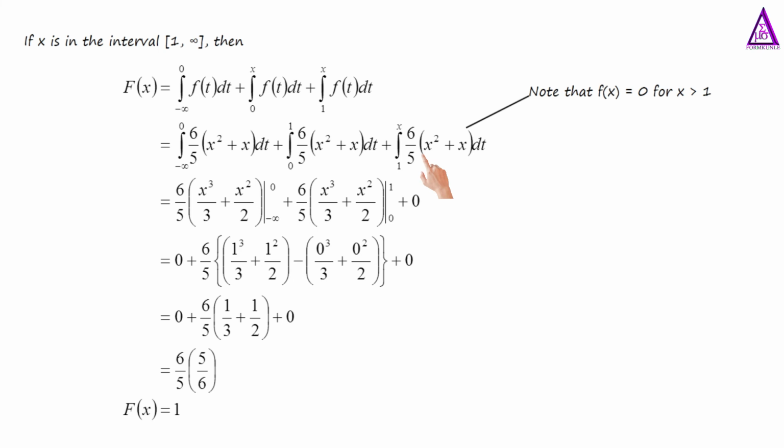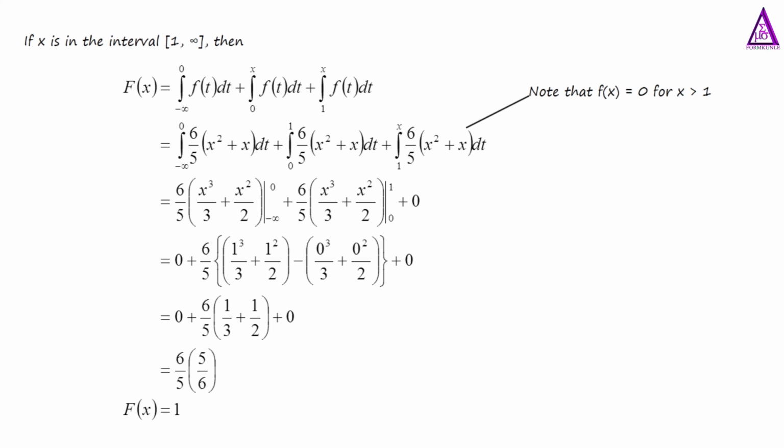And we have already known that the first one here is 0 by the previous calculation. Now, when we compute the middle one, we have this, which equals 6 divided by 5 into the bracket 5 divided by 6. So therefore, when we compute for the limit 1 to infinity, we see that F of x equals 1.